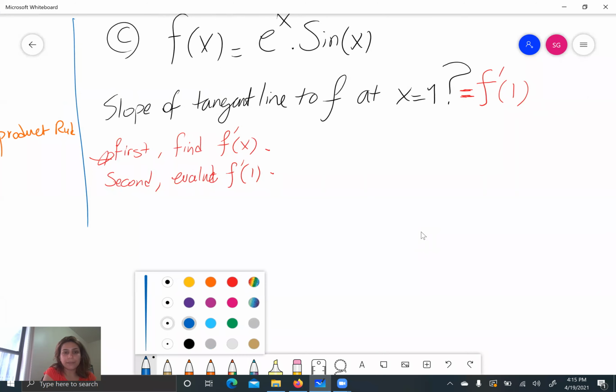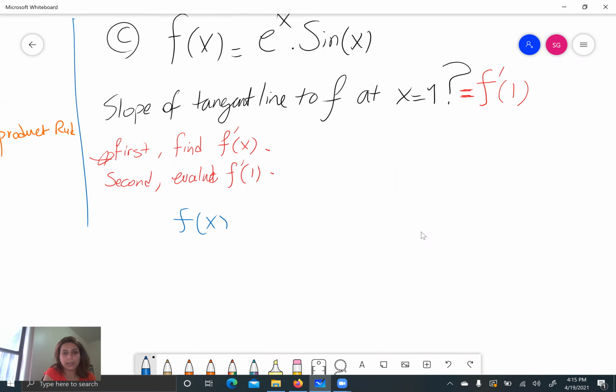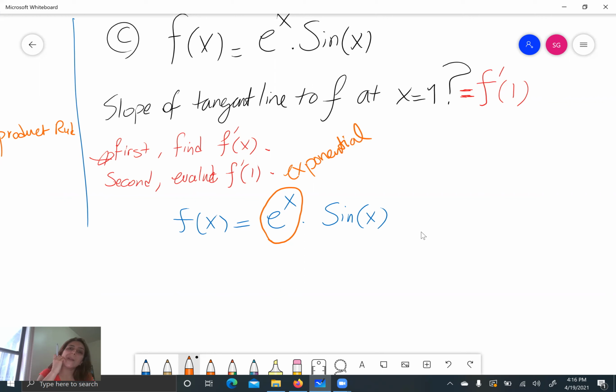Again, f of x is e to the x times sine of x. Let's determine the format of this function. It is e to the x. What type of function is this? E is a number to the power of x. X is the input variable. So this is an exponential function, right?